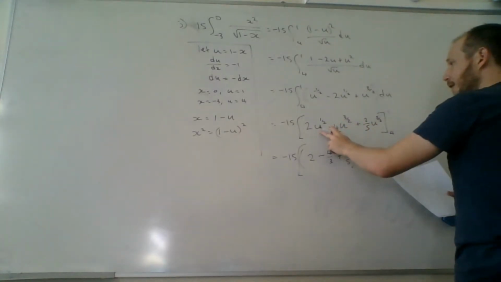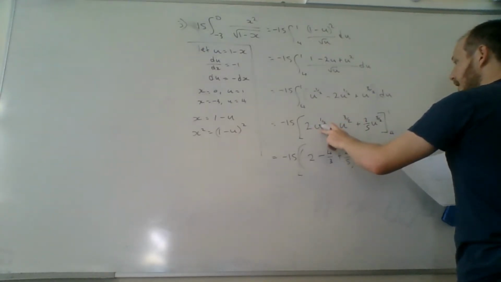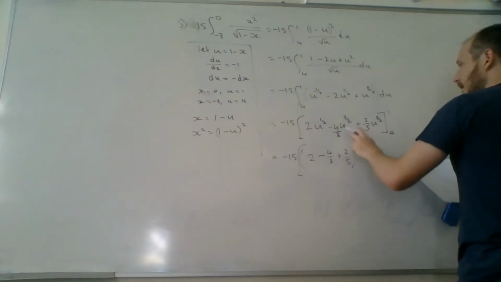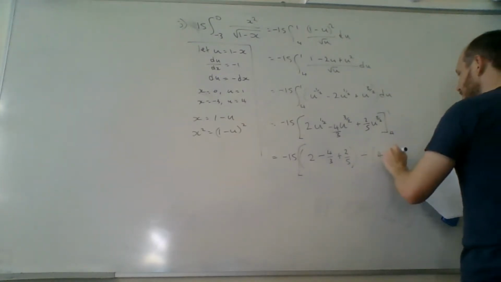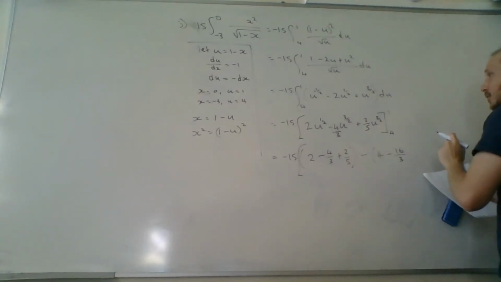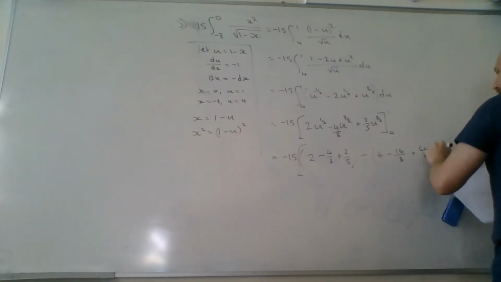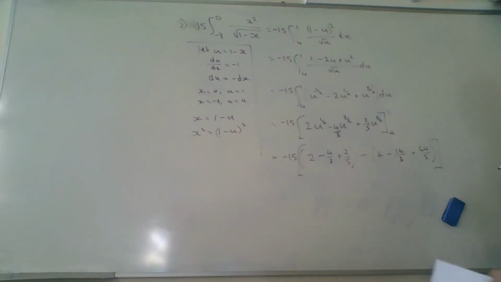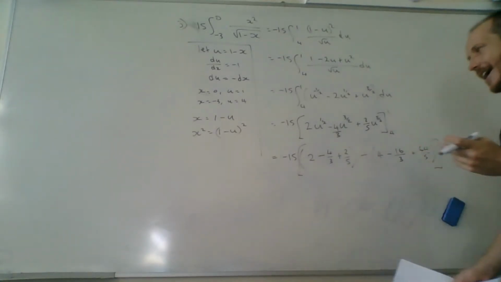Okay, so if we put 4 in here, we've got 2 times the square root of 4, which is 4. Put 4 in here, so 4 to the 3 over 2 is 8, so this will be minus 16 over 3. And then 4 to the 5 over 2 is 32, so this will be plus 64 over 5. Now, what we've basically got here is a big heap of fractions. However, we can multiply them all through by 15, or we could just use our calculator.